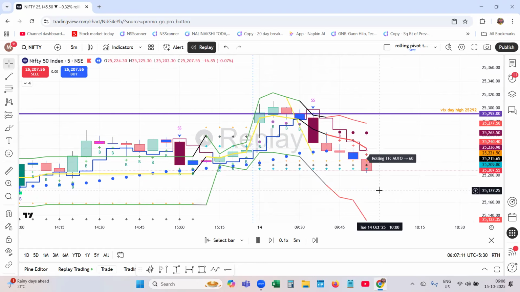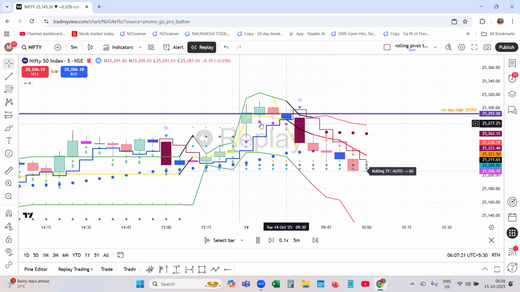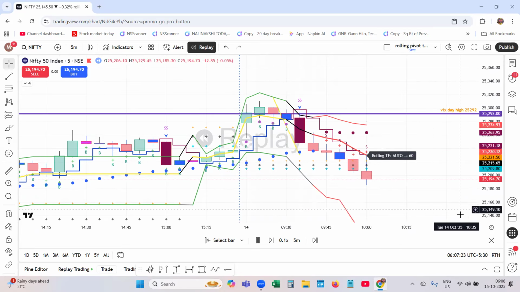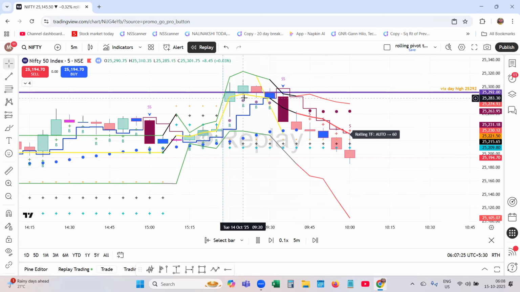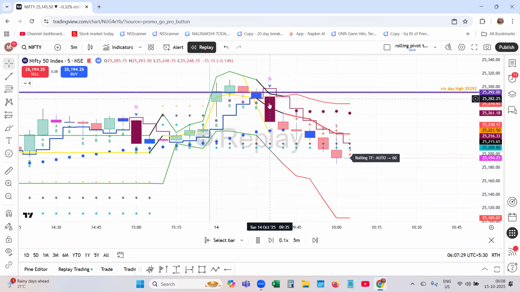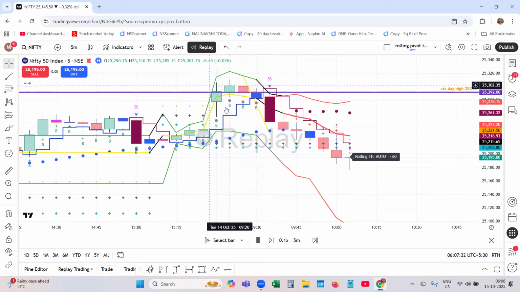From yellow, it has become red. And the shorter period Gann HiLo, in combination with the narrow CPR formation, indicated that a volatility expansion is going to come, it alerted before it happened. That is the beauty of this indicator.